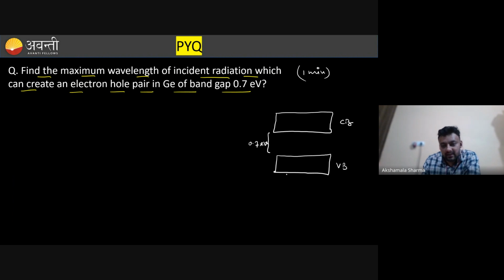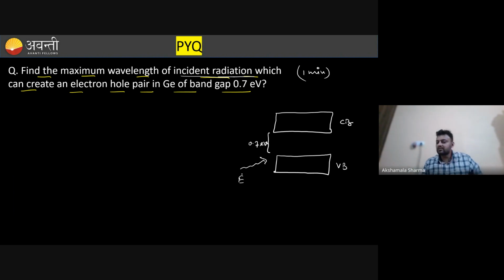And they are saying, what is the maximum wavelength of incident radiation. So that means you are giving this semiconductor some sort of energy, and you are giving it energy in the form of photons. Radiation means energy you are giving in the form of photons.